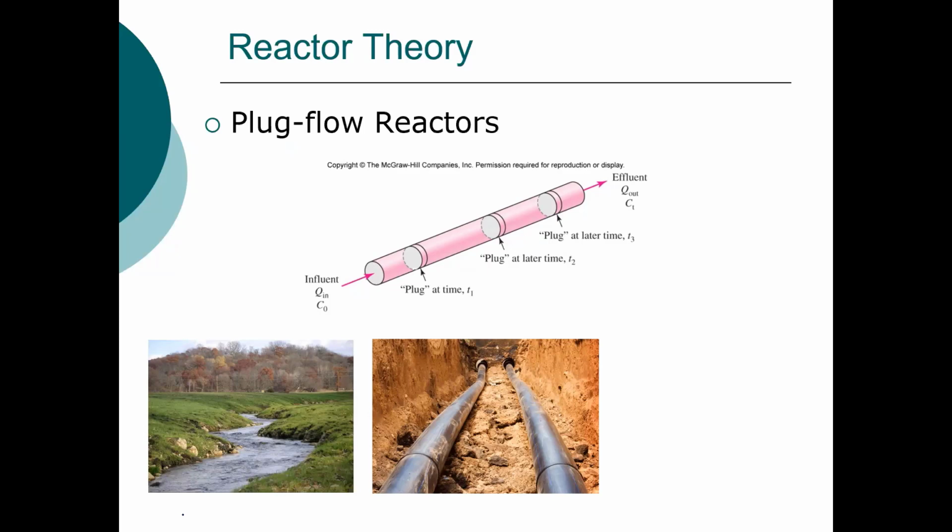So for instance, if at the plant, so here's our treatment plant, we have a concentration of chlorine. We have a whole series of pipes. We may have hundreds of miles of pipes.